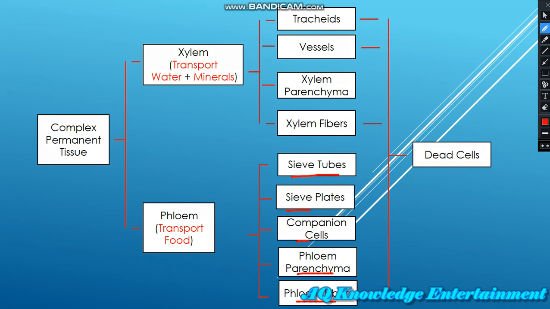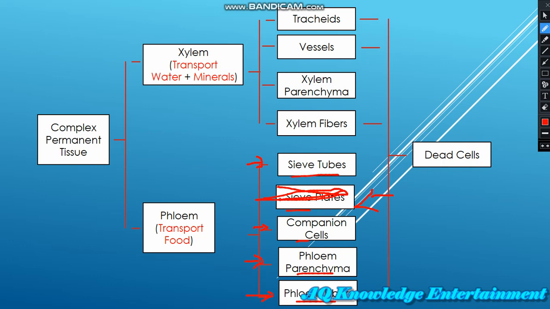Now in grade 9 we are not going to go deep into the sieve plates. So for 9th we are not going to study that. We are basically going to study only sieve tubes, companion cells, phloem parenchyma and phloem fibers.